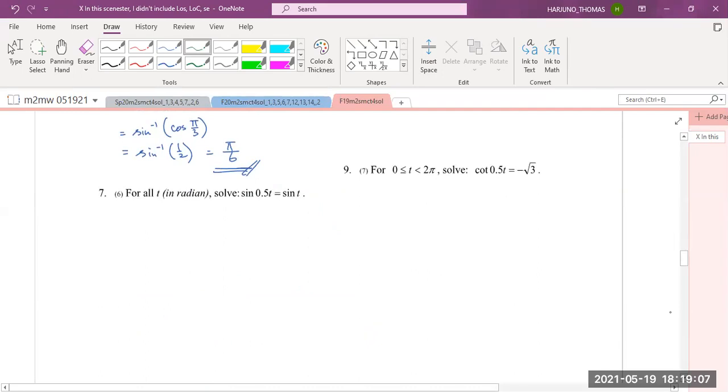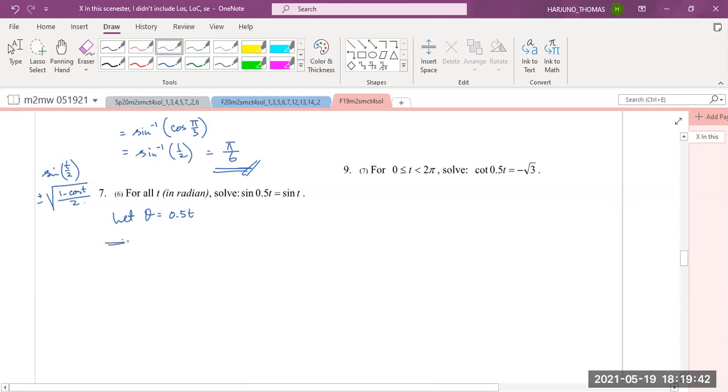Sine of half angle equals sine t. I will do this: let theta equal 0.5 t. Otherwise, I need to square both sides, right? Because sine of t over 2 is plus or minus square root of (1 minus cosine t) over 2. Now instead of doing that, I do double angle.